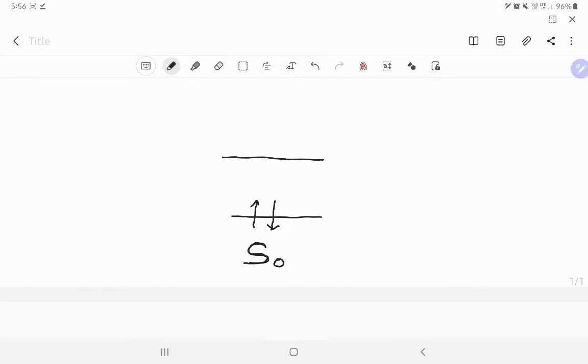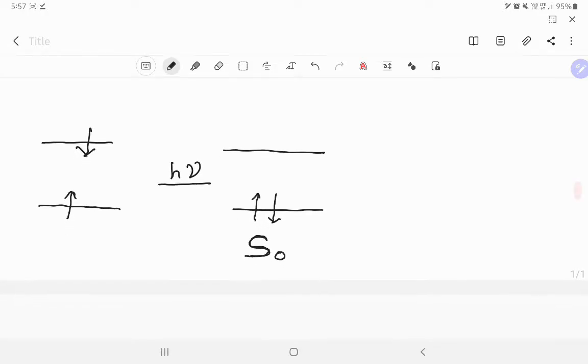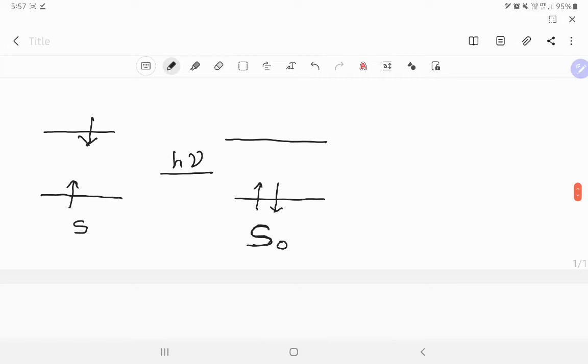Now when there is an absorption of radiation, an electron gets excited. Suppose these are two energy states. One electron is clockwise, the other is anti-clockwise. It is also called a singlet state. But here, since the electron is excited, we can say it is the excited singlet state S1.